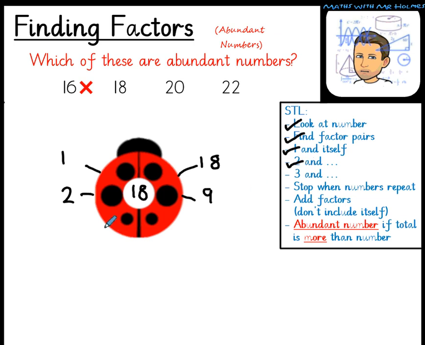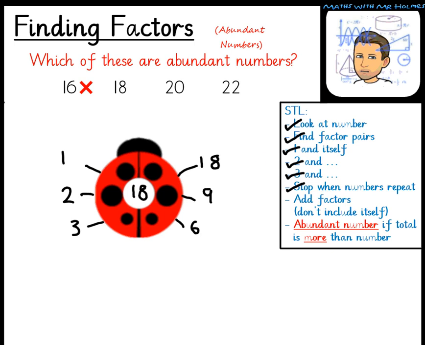Is it in the threes? So I know 3 times 6. Is it in the fours? No, it isn't. Not in the fives. It's in the sixes, but I've stopped because I've repeated.